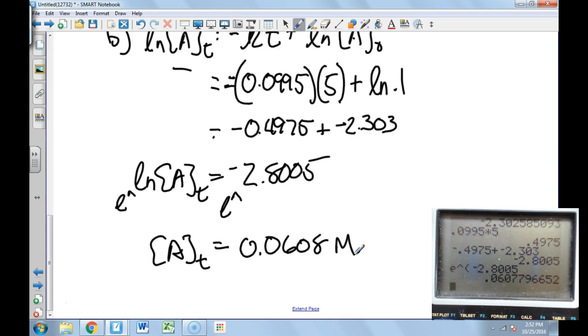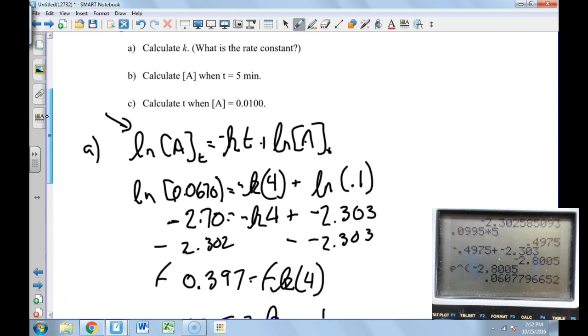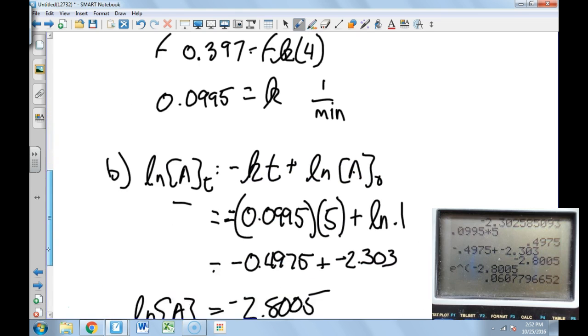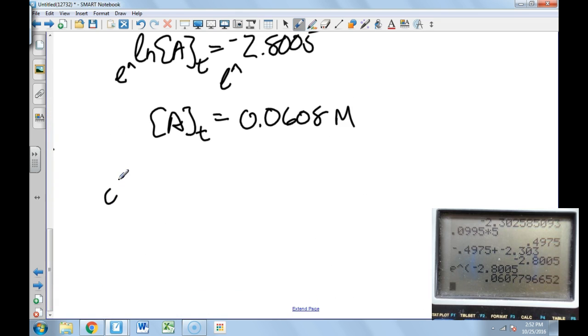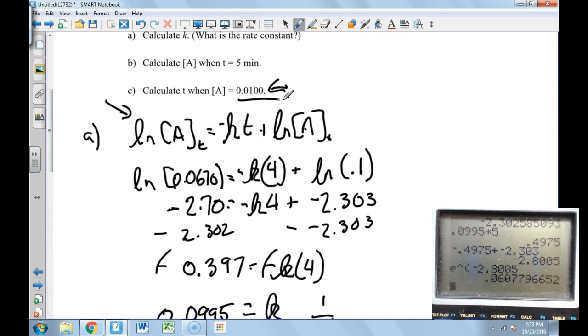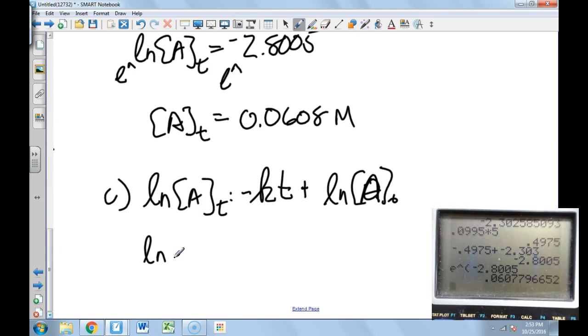Okay, so now for part 3, we do the same sort of thing, except now we want to know what the time is when the concentration gets down to 0.01 molar. So again, it's a first order rate equation, so we're going to use the same thing, ln of A t equals negative k t, and that's what we're trying to calculate, plus the ln of A naught. So the ln in this case is going to be 0.01, because that's the concentration at the time we're concerned about.